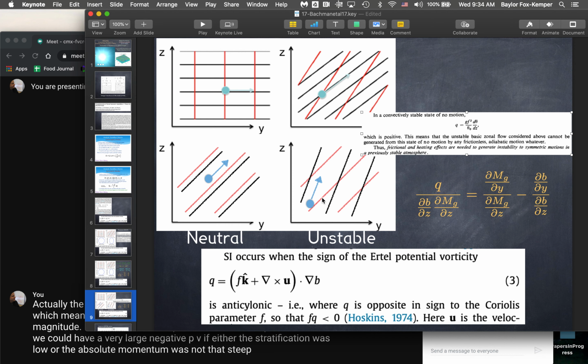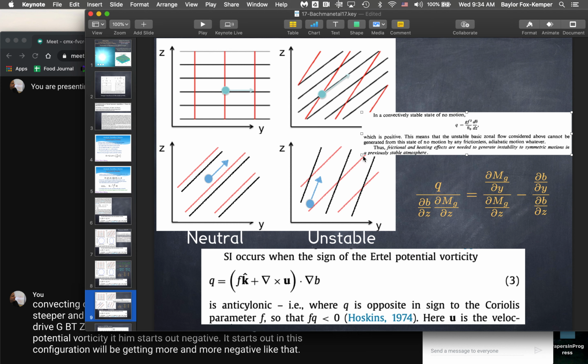So in this case, imagine if we're convecting, cooling at the surface, our isopycnal slopes are getting steeper and steeper because of that cooling. That would be tending to drive dB dz towards 0. And if it was in this configuration, the potential vorticity, if it starts out negative, will be getting more and more negative like that.